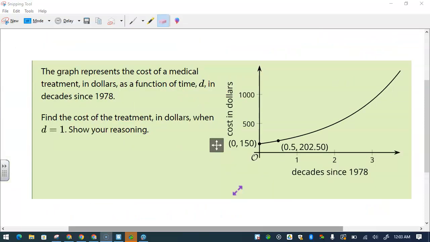Even though they didn't ask us everything here, this one is half, right? From here to here it was 1.35, and because this is half a decade, this also is half a decade. So what they are asking is, what do you think is here?